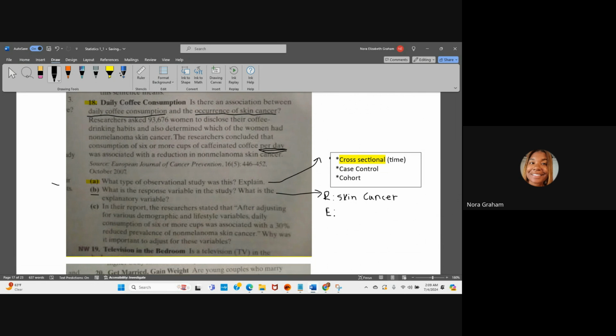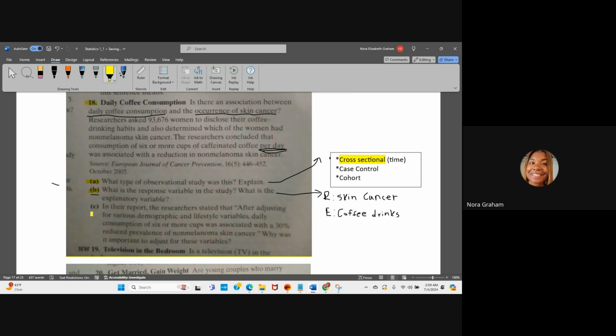That's going to be because of coffee drinking. Okay. The daily coffee consumption. We'll just put coffee drinking. Okay. So that's going to be the answer to B.